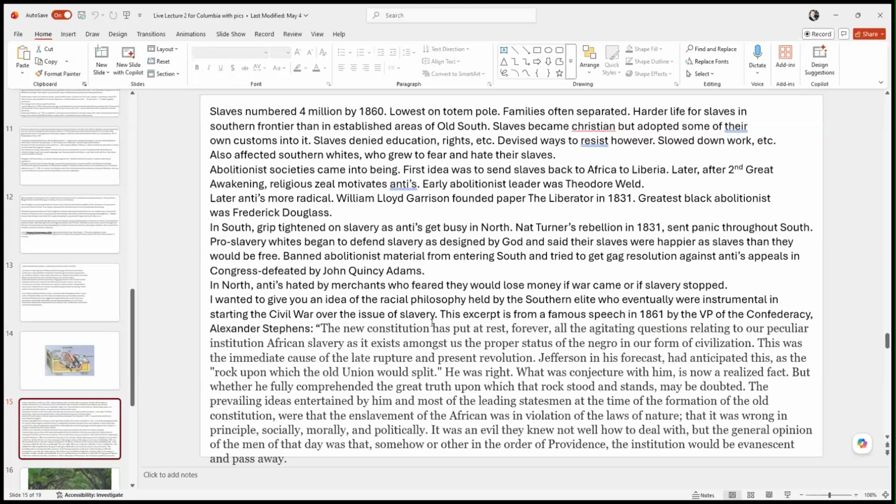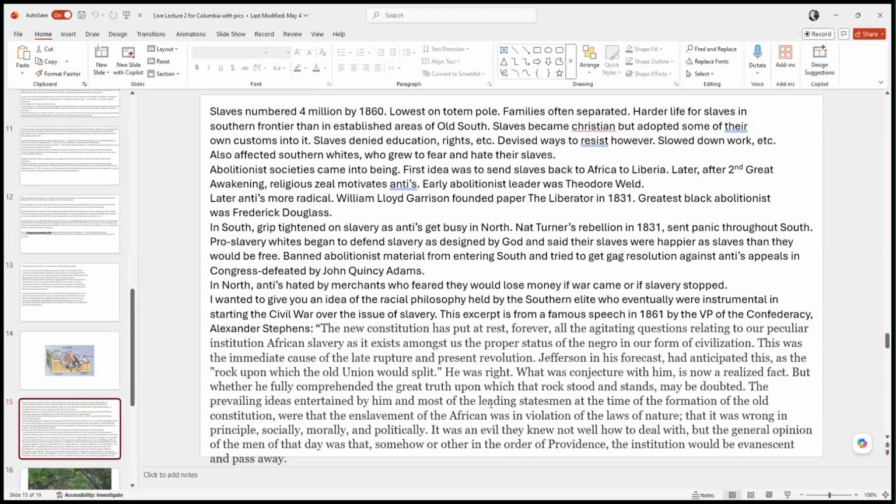It says, "The new Constitution has put at rest forever all the agitating questions relating to our peculiar institution, African slavery, as it exists amongst us, the proper status of the Negro in our form of civilization. This was the immediate cause of the late rupture and present revolution. Jefferson in his forecast had anticipated this as the rock upon which the old Union would split. He was right. What was conjecture with him is now a realized fact."